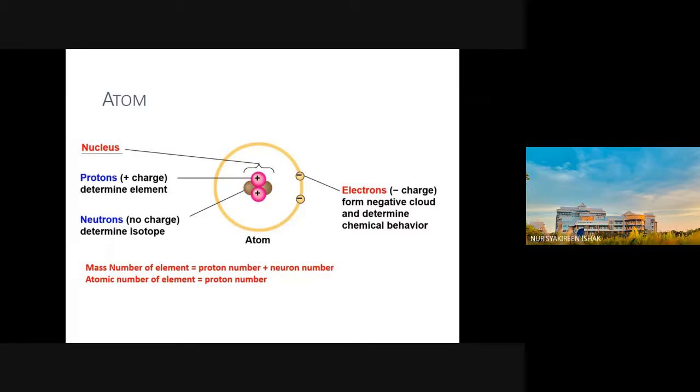On the outside you have the electrons, which have a negative charge, which form a negative cloud and determine the chemical behavior of the element. The mass number of an element is equal to the number of protons plus neutrons, and the atomic number of an element is the proton number.